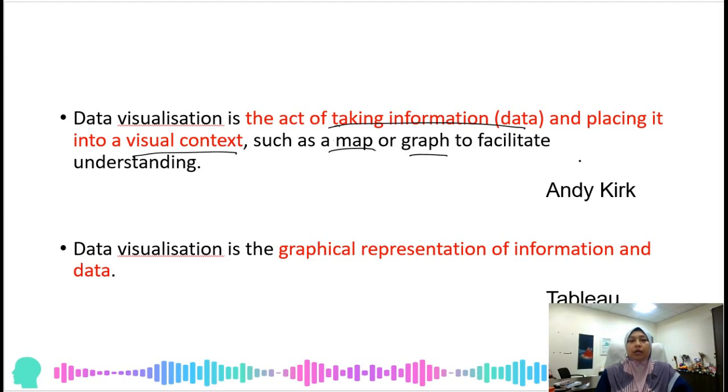Let's take a look at another description, this one by Blue. Data visualization is the graphical representation of information and data. Information yang you ada, data yang you ada, ditransformkan ke dalam bentuk graphical representation. It is almost similar to the one by Andy Kirk.